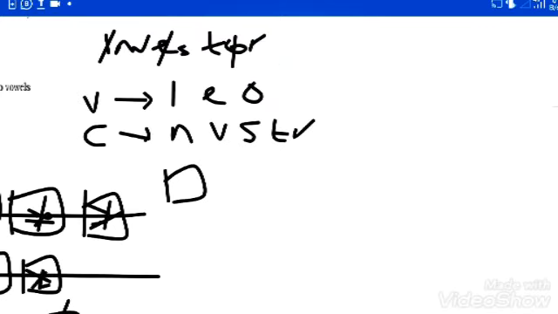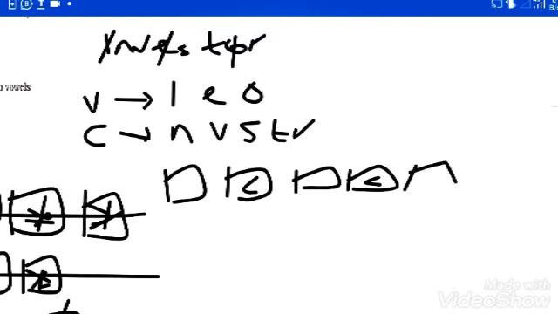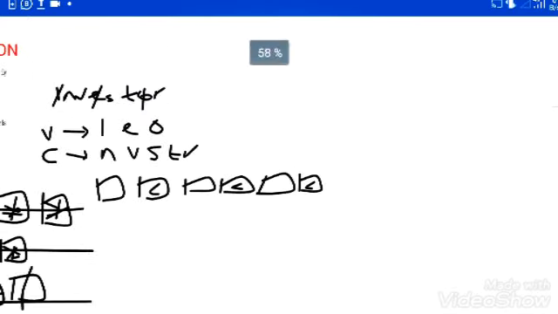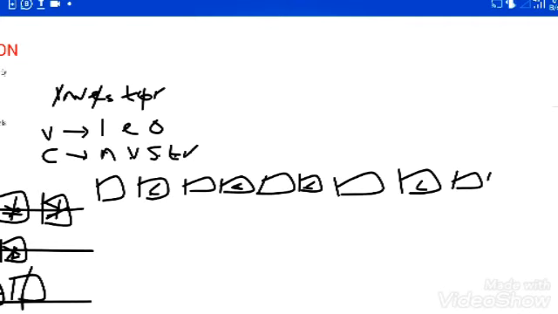Now if we put 1 vowel here, that means there will be a consonant here. Vowel, that means there will be a consonant. Vowel, that means there will be a consonant. And if we have a vowel here, that means there will be a consonant. How many do I have? 1 2 3 4 5. We'll put another consonant here. That means there will be a vowel here. So I have my 5 consonants.